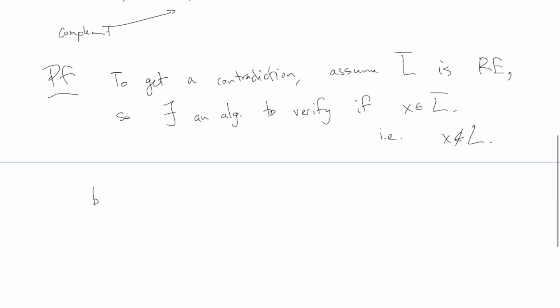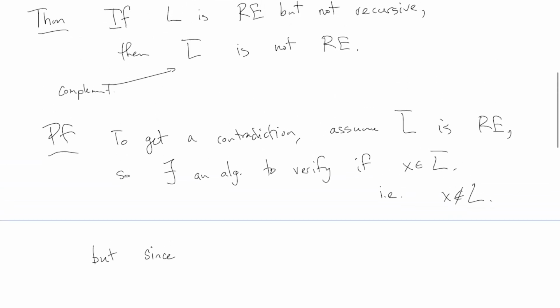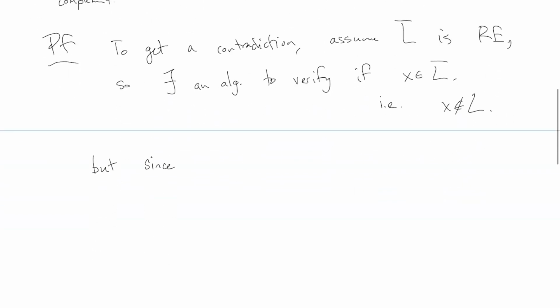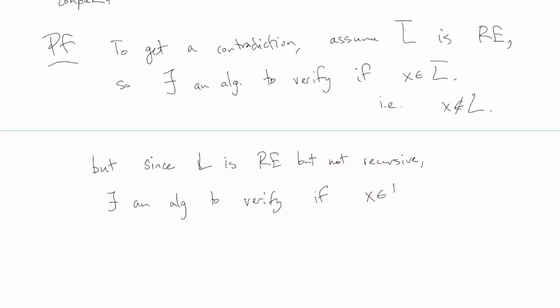But since we assumed, what did we assume? The assumption of the theorem is that L is RE but not recursive. So since L is RE but not recursive, we know, because of what I said before, there exists an algorithm to verify if X is in L, right?